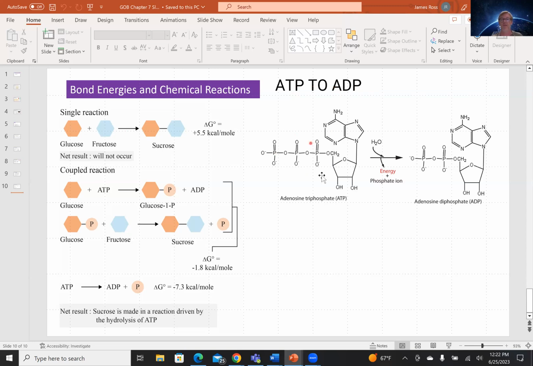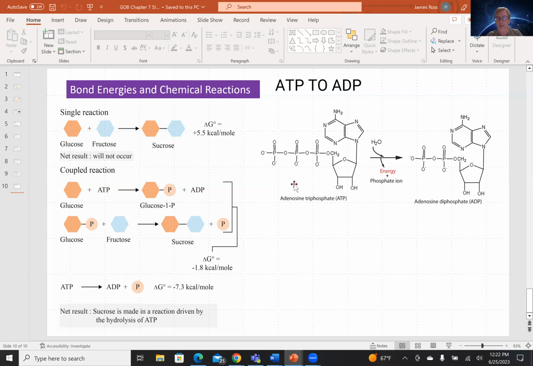So if you look at the cartoon on the right first, we can see adenosine triphosphate is the structure here. And it decomposes, releases energy to give adenosine diphosphate by essentially spring-loading away one of these phosphate groups. If you look closely, you can see that each phosphate group is negatively charged.